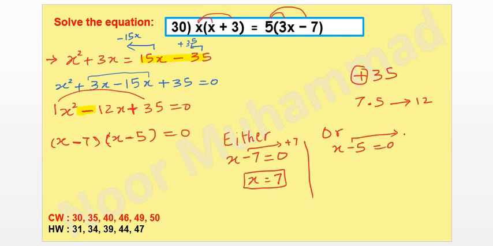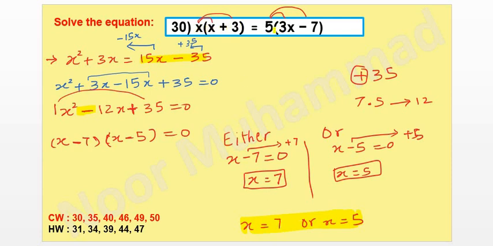And when -5 is taken to the other side, it changes into positive 5, so x equals 5. So x equals 7 or x equals 5 is the solution set for this equation. This is the solution of the quadratic equation, or the roots of the quadratic equation. If you want to check your answer, you can put 7 over here.